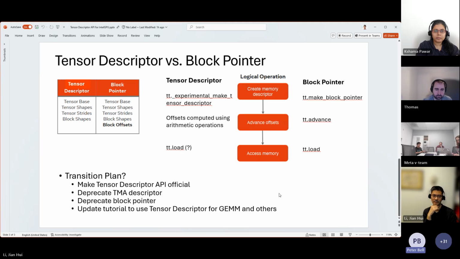Also, in regards to calling TL.load, I think that was maybe a bit of a mistake of the block pointer API, that it kind of looks as if you're just doing a normal load, but actually it's a very special thing with all these extra alignment requirements and things that would either behave nothing like a normal TL.load, or fall back and have bad performance.